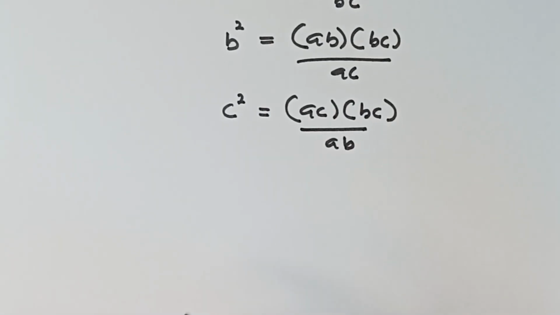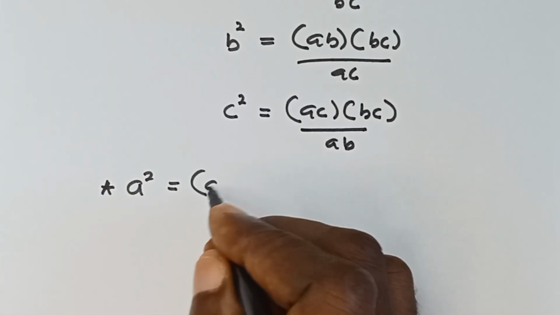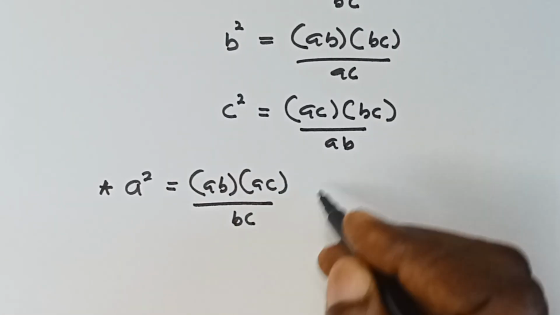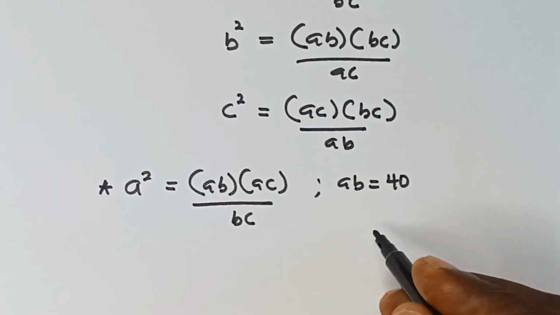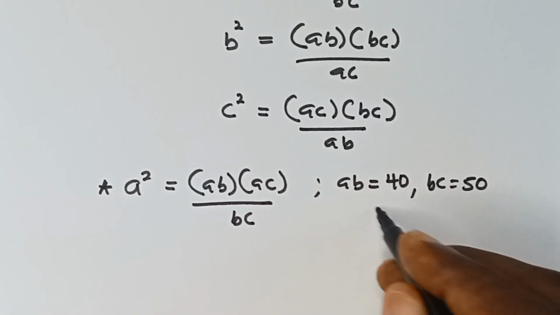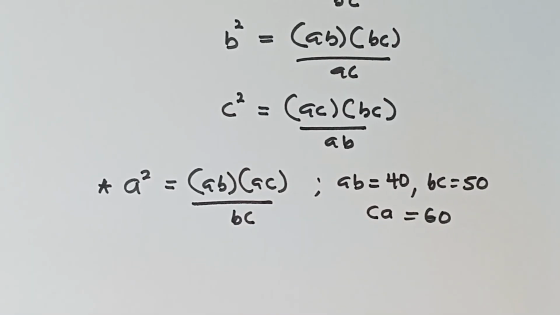Now let's start with A square. We have A square to be AB multiplied by AC over BC. And remember, our AB equals 40, our BC equals 50, and lastly, our CA, same thing as AC, equals 60.